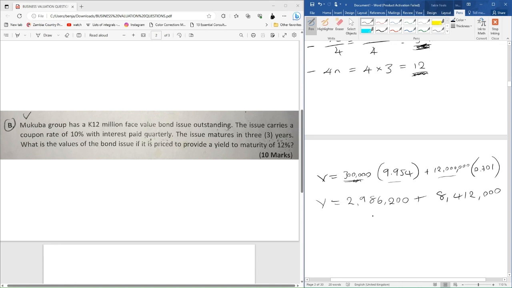So all we have to do now that we found both these present values, of our annuity and of our single cash flow, which is our maturity value, is add the two of them. When we add the two of them, what are we going to get?